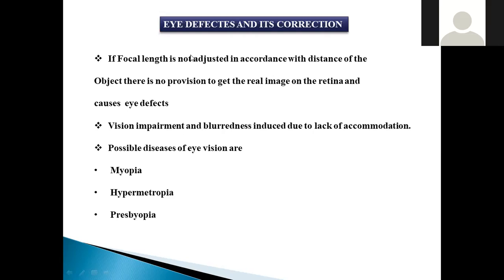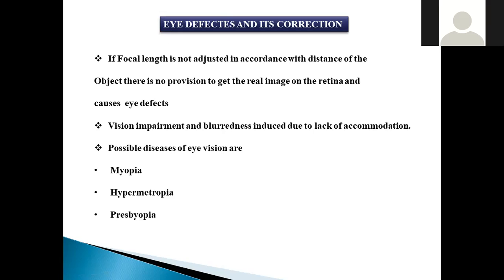Now let us go with eye defects and their correction. Okay, so as of now we discussed what components are present in the eye, how we can calculate the focal length, and what kind of parameters are related to the vision of the eye. Now we are going to discuss what kind of problems arise in eye vision and how we can correct them.